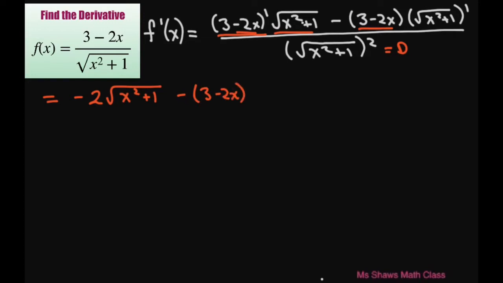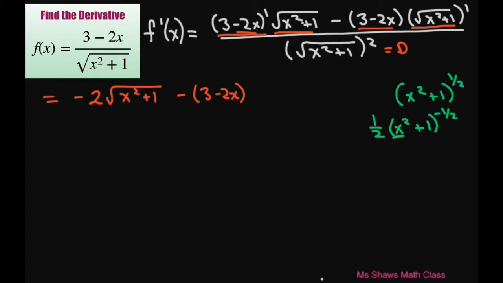And then we're going to take the derivative of this. So this can be written, and I'm going to write it to the side, x squared plus 1 to the power of 1/2. So when you differentiate it, you're going to get 1/2 times x squared plus 1 to the negative 1/2 power, because you're subtracting 1.